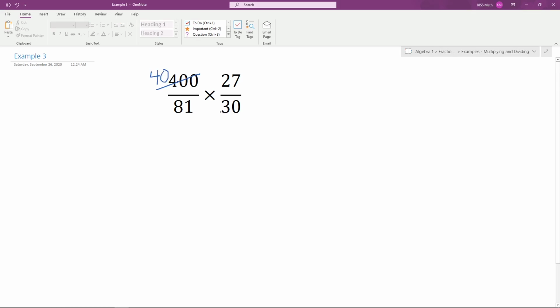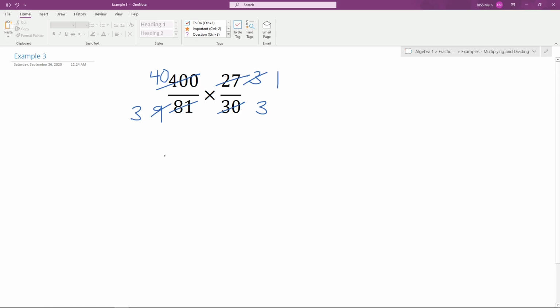And 30 divided by 10 is 3. And I also see that 27 and 81 are both divisible by 9. So this becomes 3 and this becomes 9. And at this point, I see, okay, 3 and 9, those are both divisible by 3 again. So if I do that, this becomes 1, and this becomes 3.